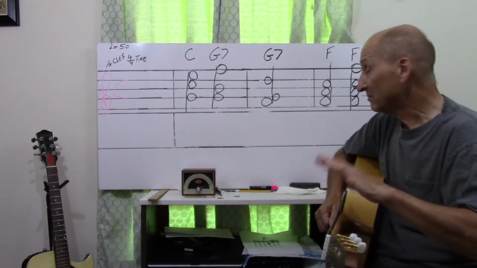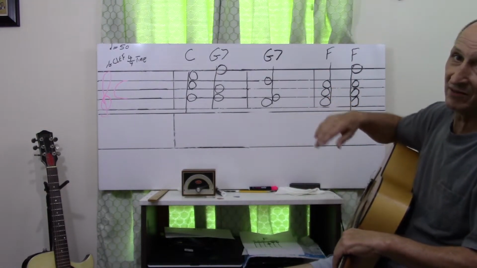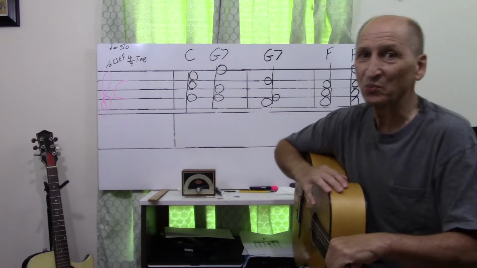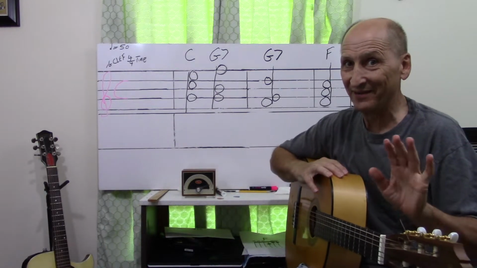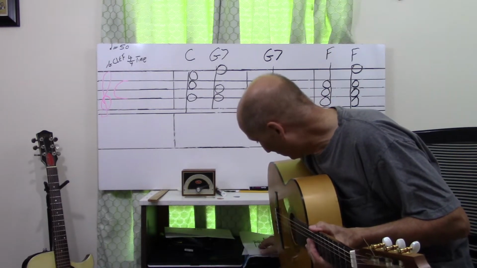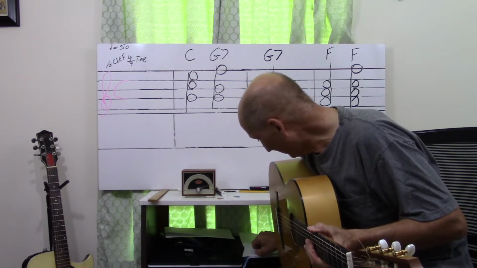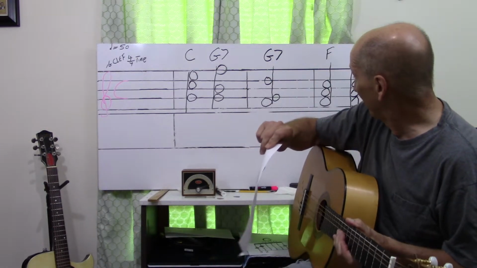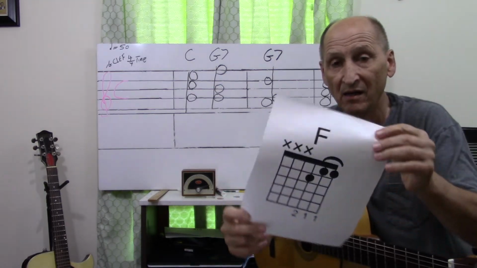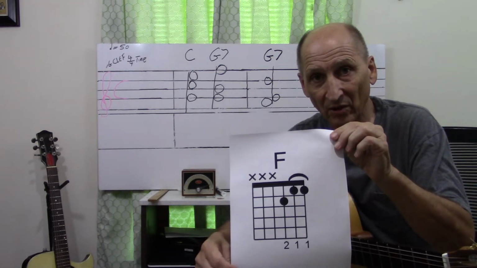Now, you're going to love the F chord. This one we haven't done anything with yet, so let's pull out a quick piece of paper. We're going to show you because there's a couple of variations on it. You take a quick look at it.